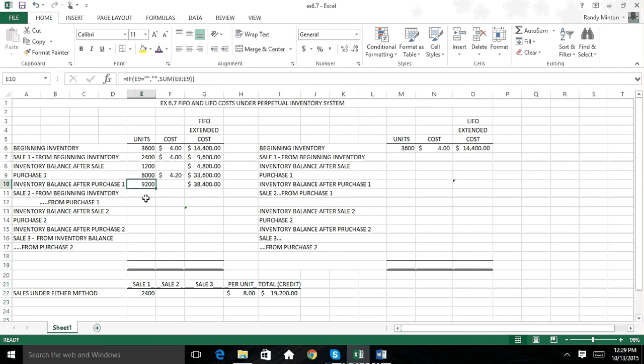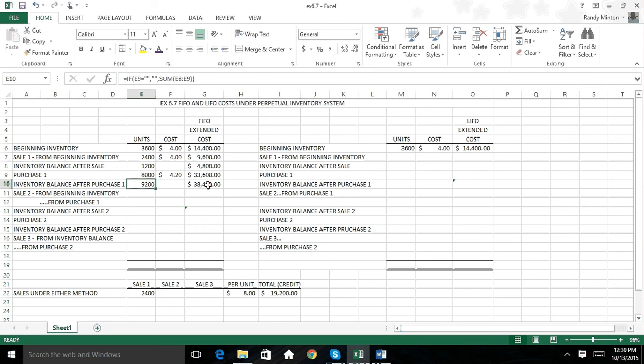Now, again, I didn't want a whole bunch of stuff down in through here to distract you. So if there wasn't an entry here, I just told it to leave everything else blank. In this case, we do have an entry, and so we've calculated the value of that purchase.